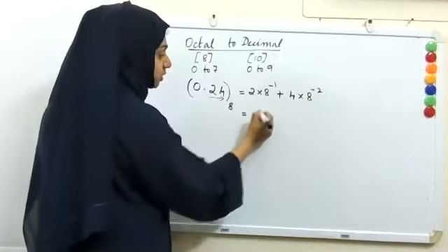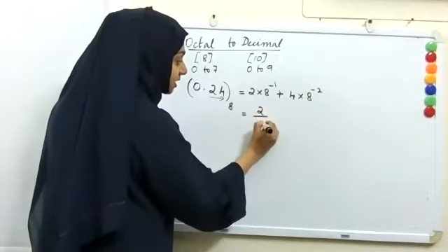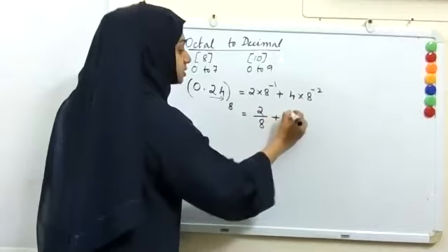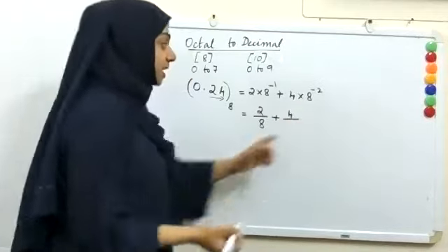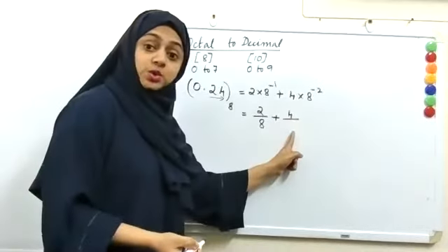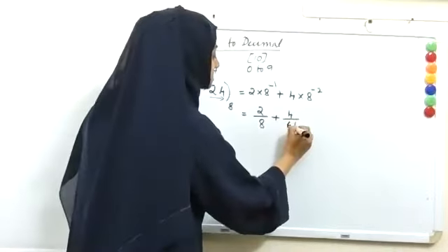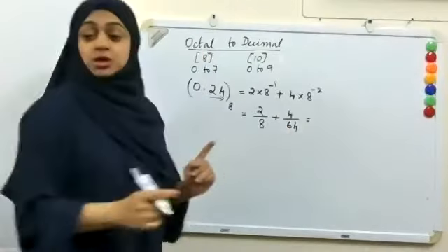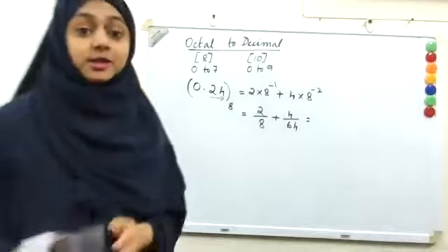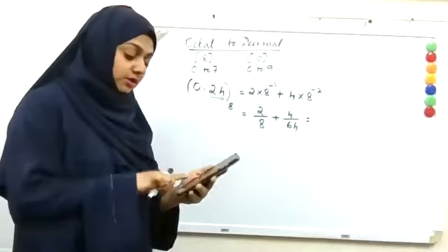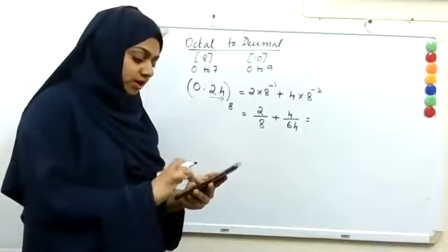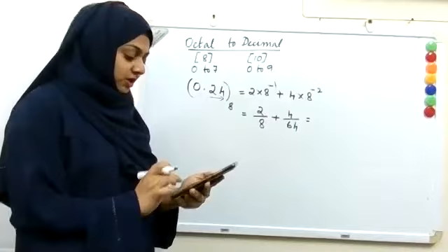So this is equal to 2 divided by 8 plus 4 divided by 8 squared. What is 8 squared? 64. So divided by 64. For this, you will require your calculator. You are allowed to use calculators, right?